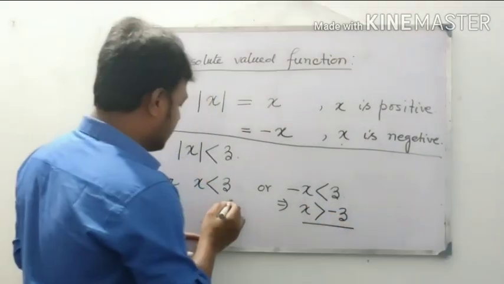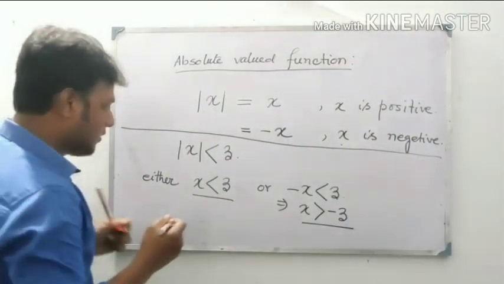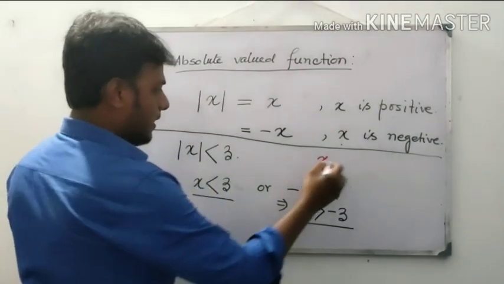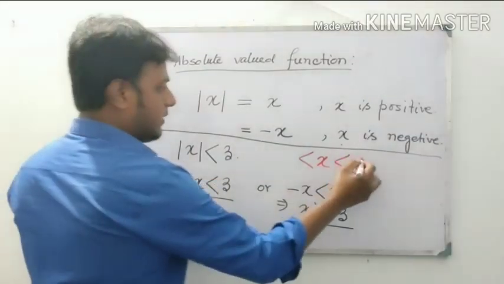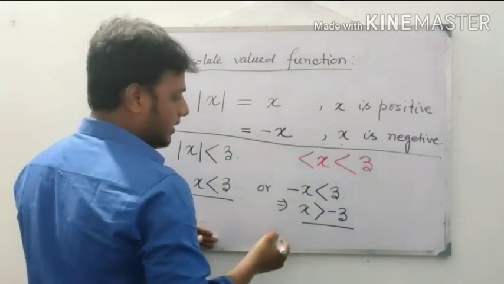Now combine these two. Write x in the middle position, with 3 on the gap side and minus 3 on the angle side.